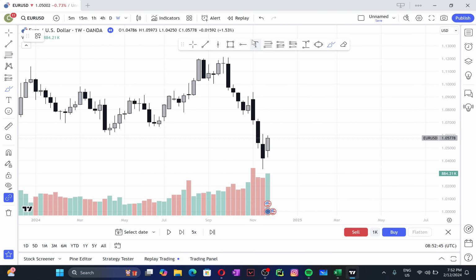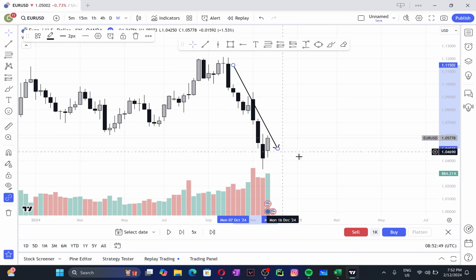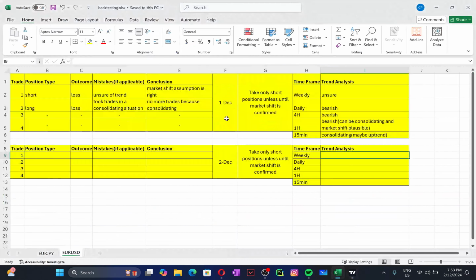Again, it's obviously going in a downtrend, so we will need to consider that as bearish. Before getting to any conclusions on the daily time frame, I want to type it here: bearish.